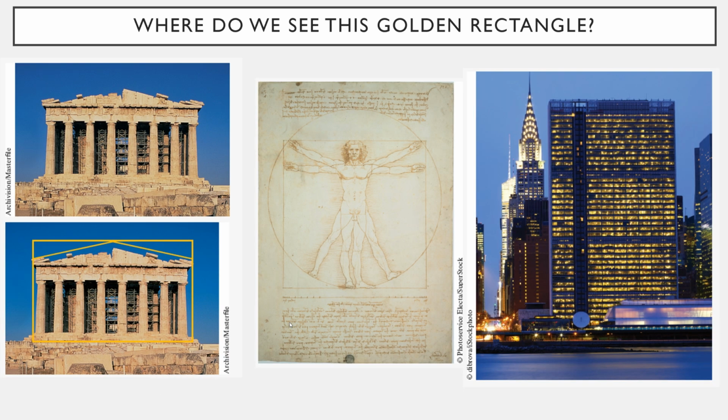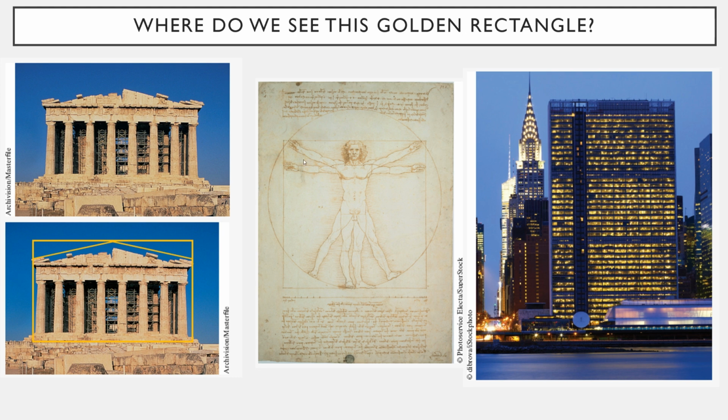So where do we see these things in the natural world? If you think about the Parthenon in Greece, and you were to construct a rectangle around this beautiful structure, with this as the base and this as the height, so think of it as a rectangle on its side, the ratio there produces a golden rectangle.